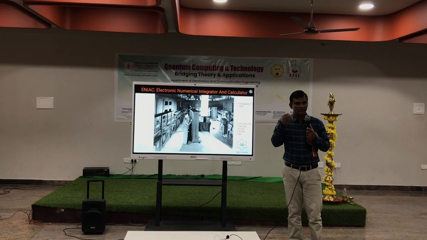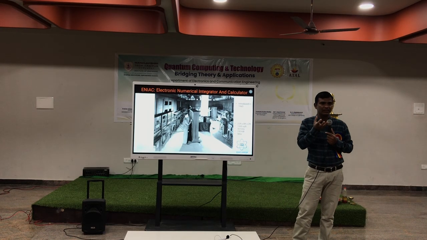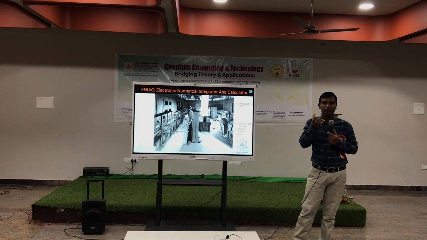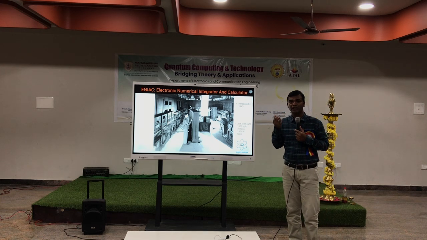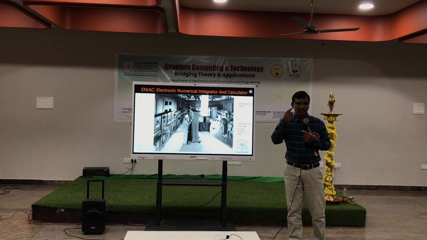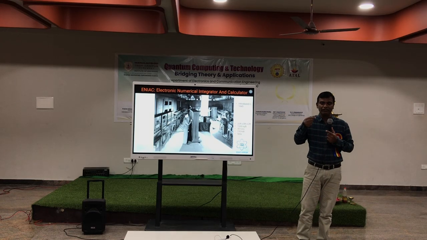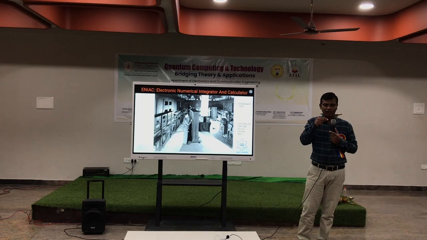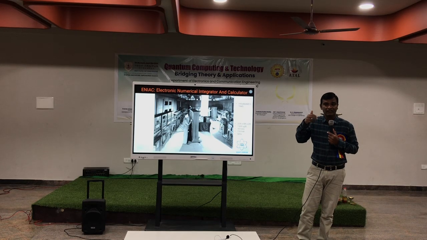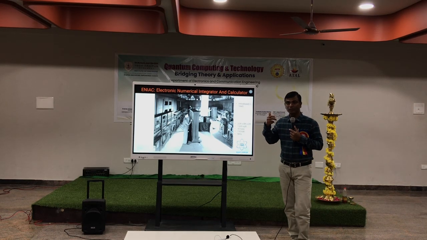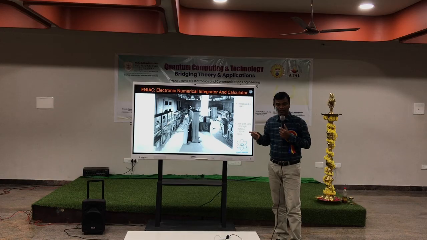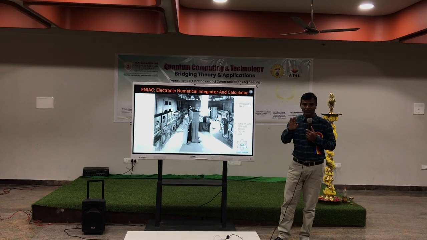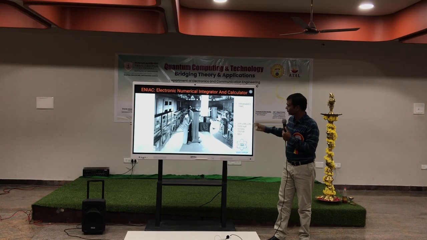Because of this, heat is generated depending on the complexity of the data. That heat keeps interacting with all those transistors, and new quantum phenomena have come in, which has led to the quantum computer. We will see all of this in the next few slides.